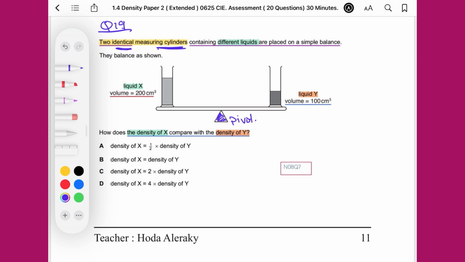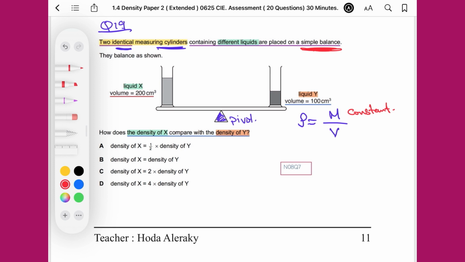If you are comparing liquids, they have the same mass, but different volumes. So density is equal to mass divided by volume. Here the mass is constant as shown in the diagram because we are using a simple balance and they are balanced. What about density and volume? What will be the relation here?